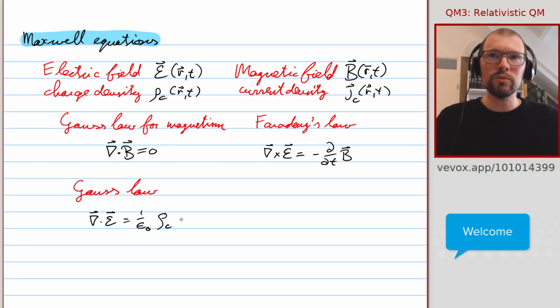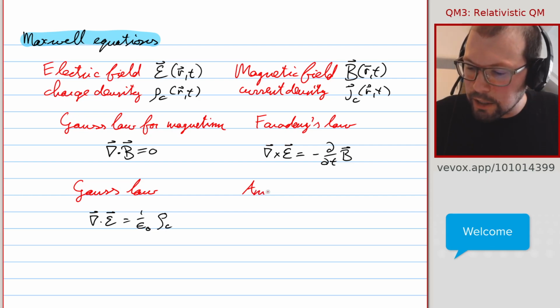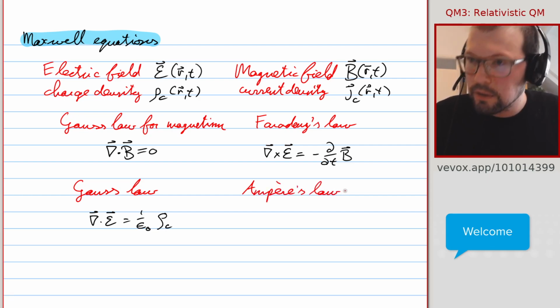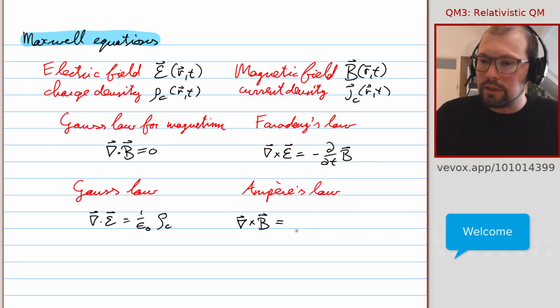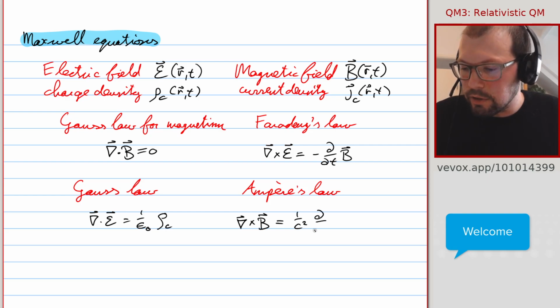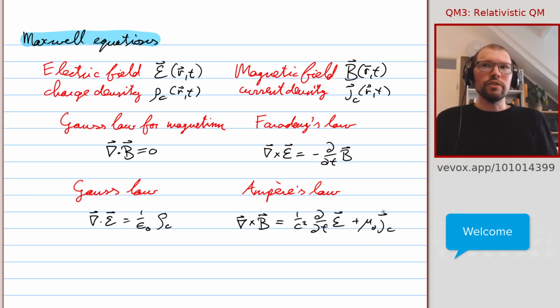So that is really Coulomb's law in electrostatics. And finally, we have Ampere's law, which states that the curl of the magnetic field is related to the time derivative of the electric field, plus the current density.